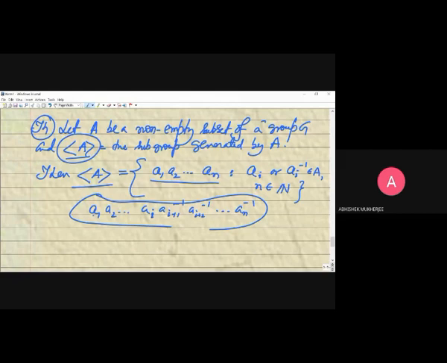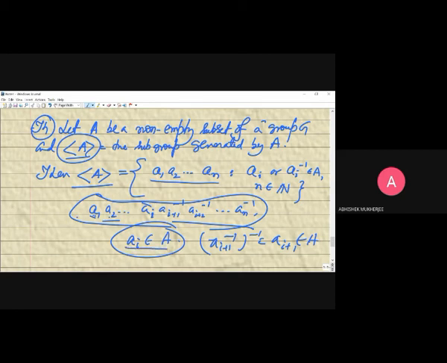Now these a1, a2, ai are in A, and a(i+1) inverse: the inverse of a(i+1) inverse is a(i+1), which is in A, because these ai are all in A. So in this product, either these elements are in A or the inverses of these elements are in A. So that is the criterion.